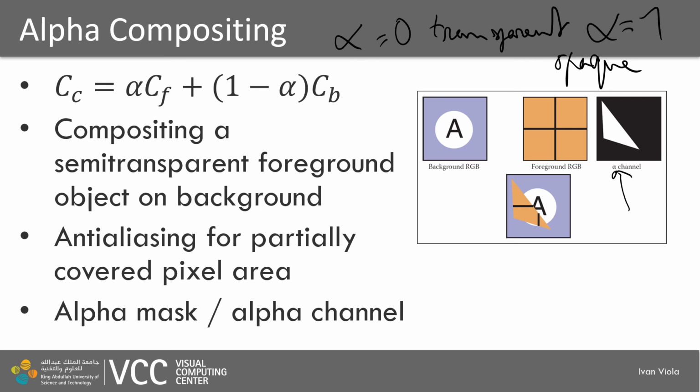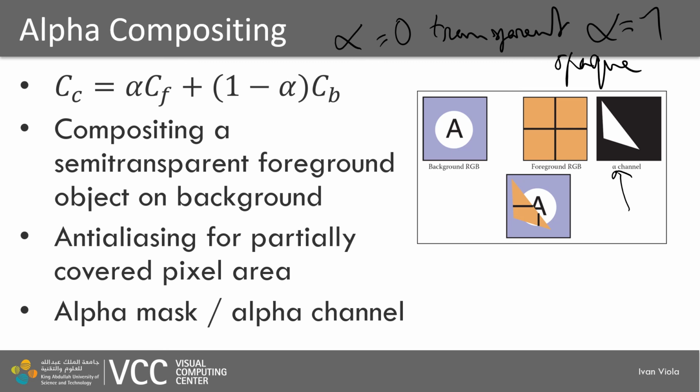With white, the alpha will be equal to 1. So in that area, we will use only the foreground color, and we will see 0 of the background. And if we have black around this triangle in the alpha channel, this means that the transparency of the foreground will be maximal. So it will be completely transparent and nothing from the foreground will be visible.